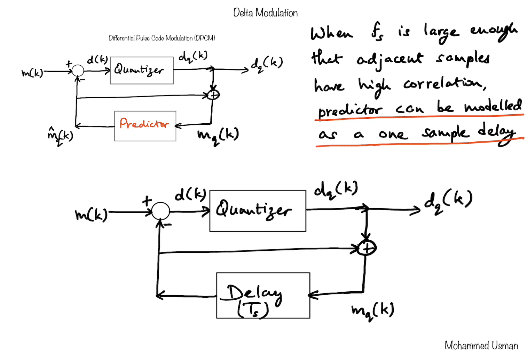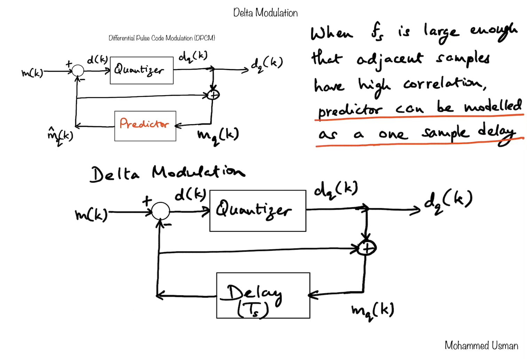What you have here is the block diagram for delta modulation. In place of the predictor, we have a delay, and basically the delay is modeling the predictor, and that model is a good enough representation when the sampling rate is quite large.